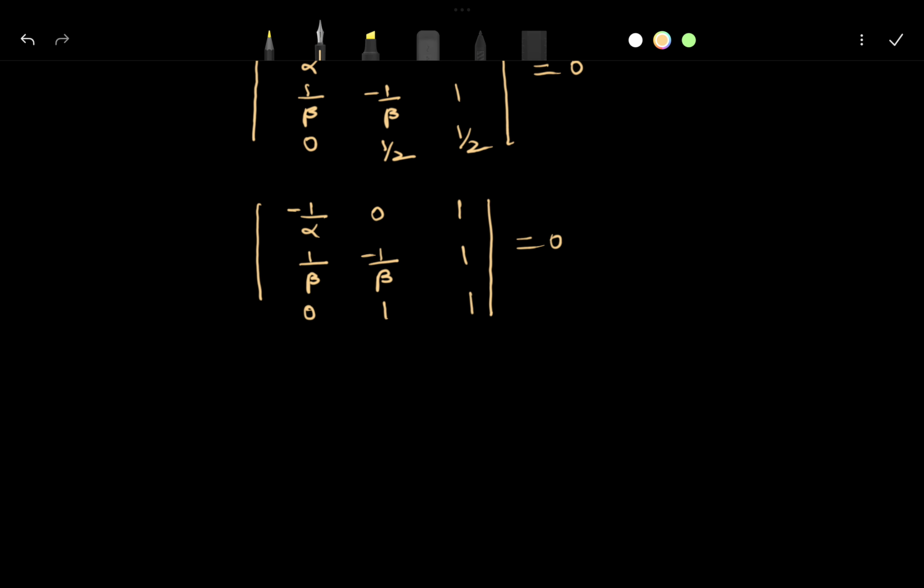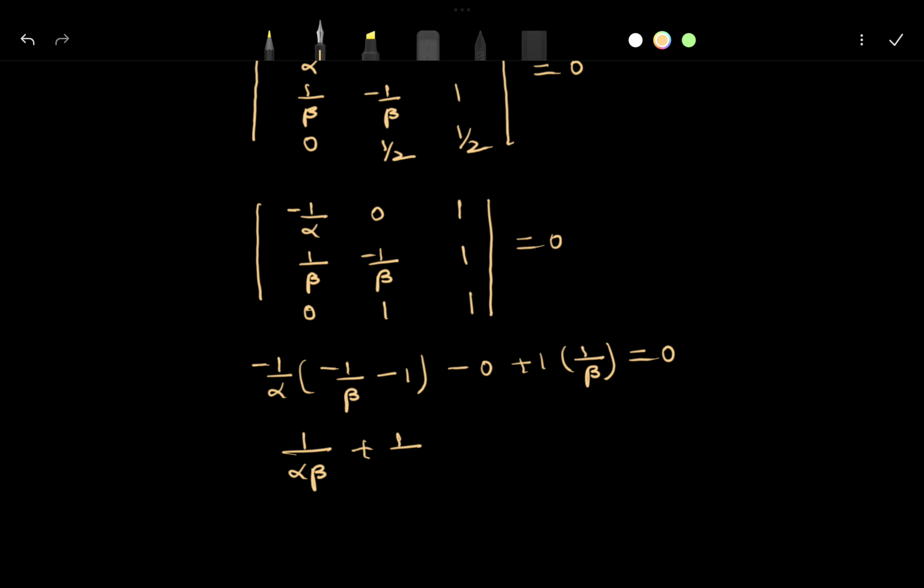Then now you expand this value. By expansion, minus 1 by alpha into, eliminate the first row and first column, minus 1 by beta, okay, minus 1 and next minus 0, next plus 1 into 1 by beta is equals to 0, right? Now you simplify: 1 by alpha into beta minus 1 by minus into minus, plus 1 by alpha plus 1 by beta is equals to 0.